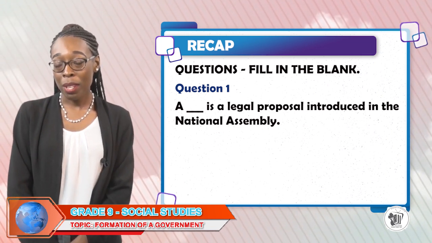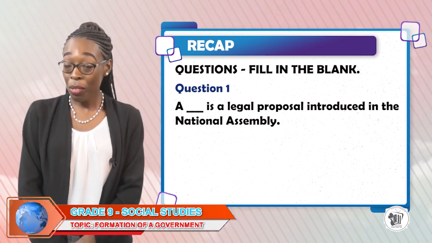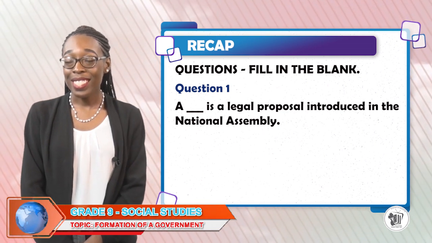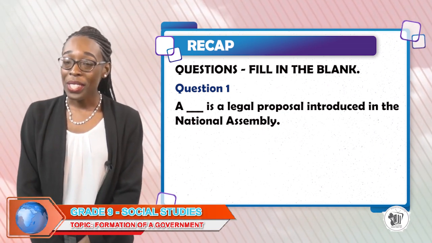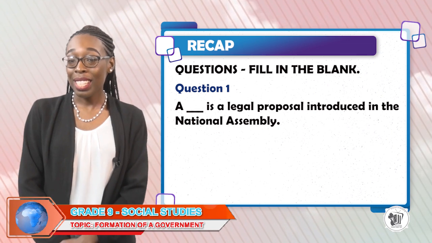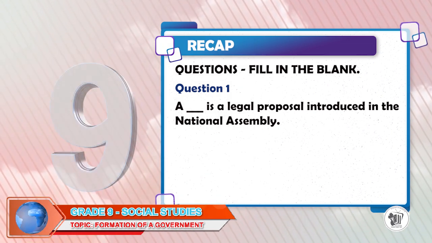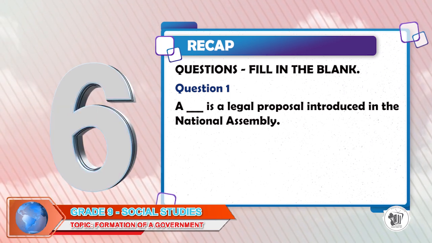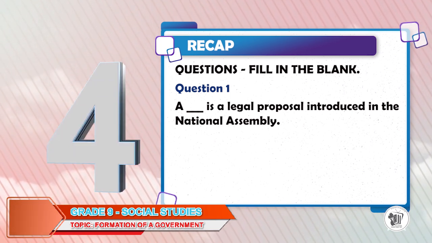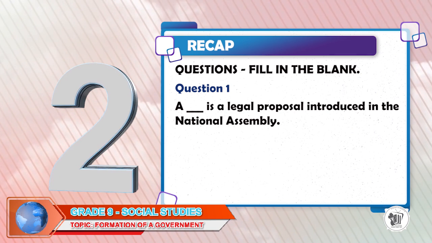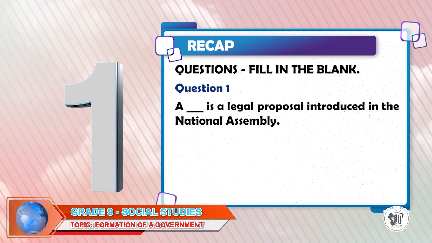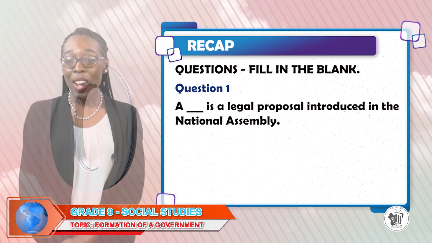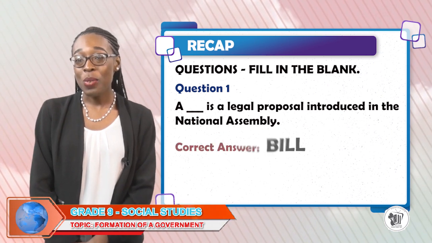But when we speak of it in terms of government, it is used differently. What word is it? Or what is this instrument called? Right, if you said a bill, you are correct.